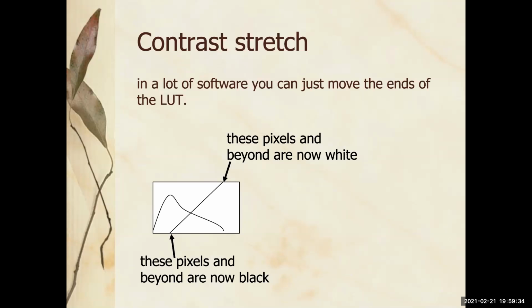And in the software, you can usually just pick the ends and move them back and forth. As I said, this is a contrast stretch, the same exact thing as I showed you a few slides ago. Anything in the super flat, no-contrast section, anything before this first pixel where you're acknowledging this is the start of the gray levels, you've made this the new black.